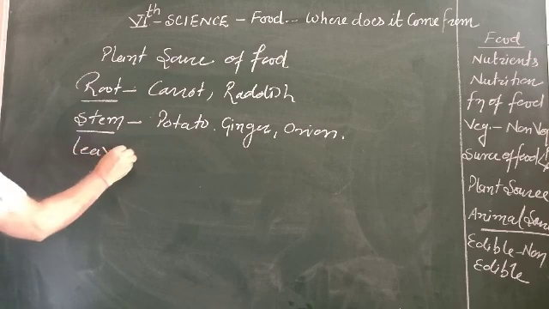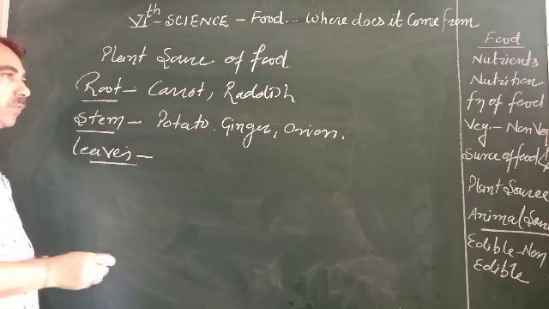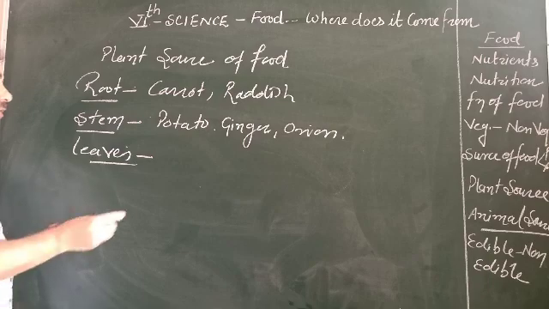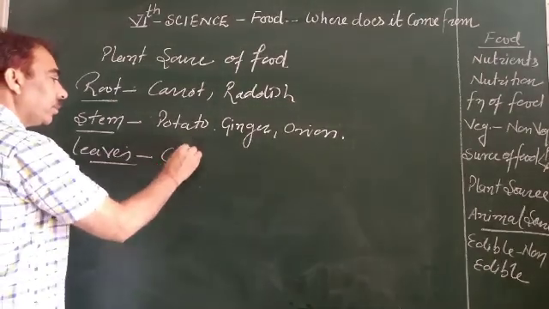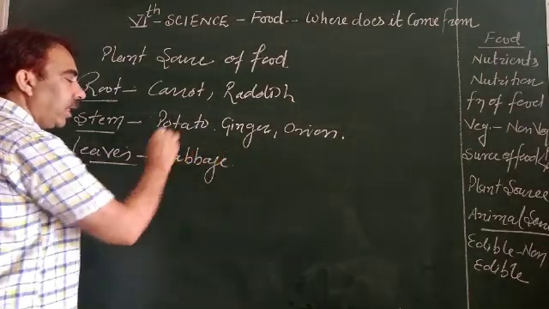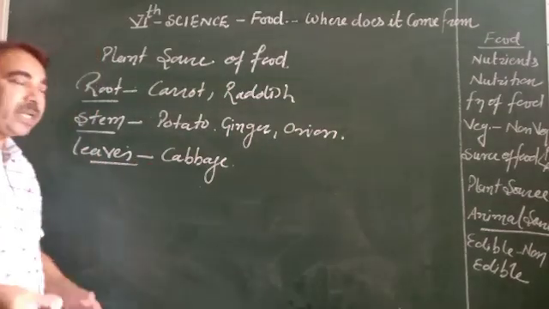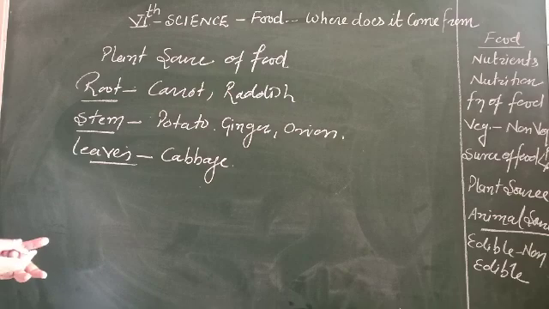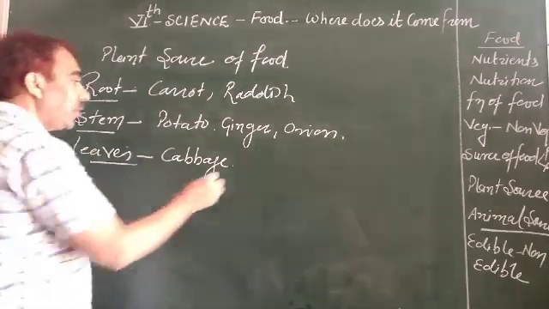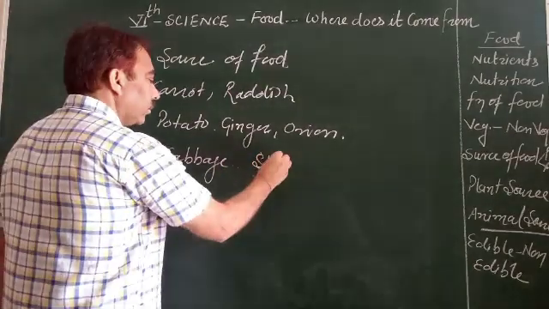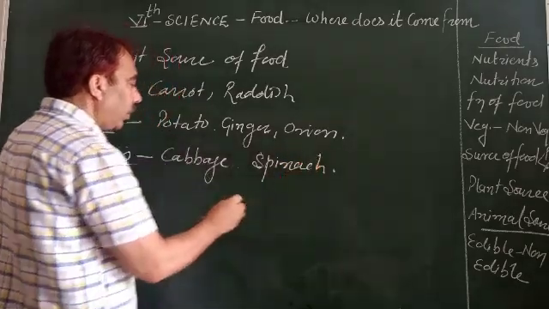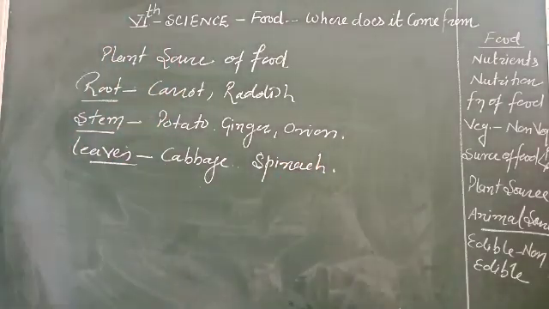Leaves. Leaves of lettuce, spinach and cabbage. Cabbage is an example of leaf. Lettuce is also an example of leaf. Mint is also an example of leaf. Spinach. So these are edible leaves.